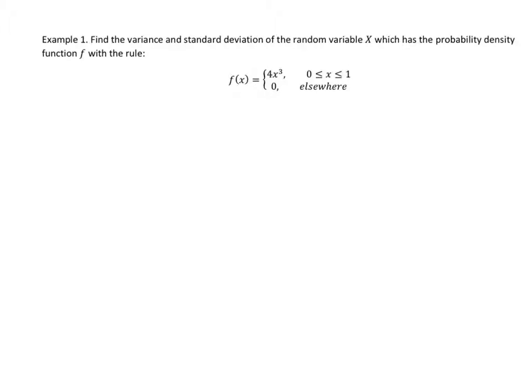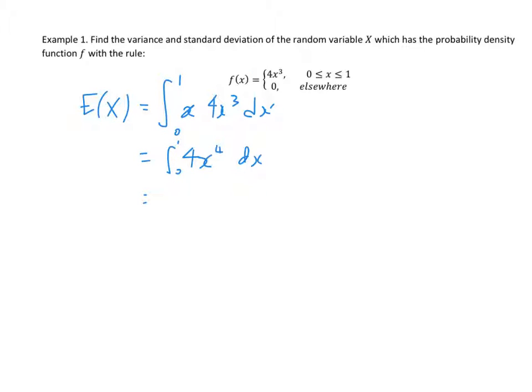We'll start with E of x, which is the integral from 0 to 1 of x times f of x dx, which gives you 4x to the power of 4 from 0 to 1 dx, which gives you 4x to the 5 over 5 from 1 to 0, which is 4/5, 1 to the power of 5 minus 0 to the power of 5, which is 4/5.